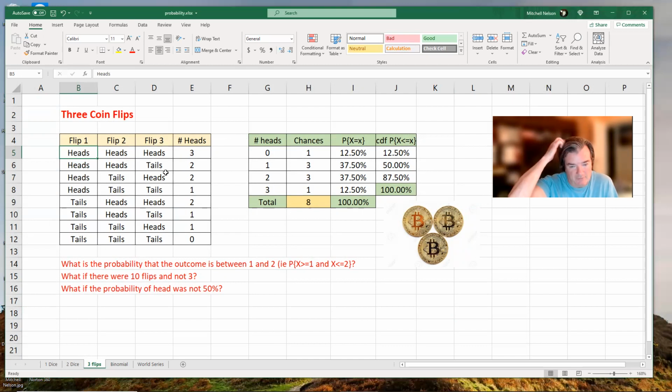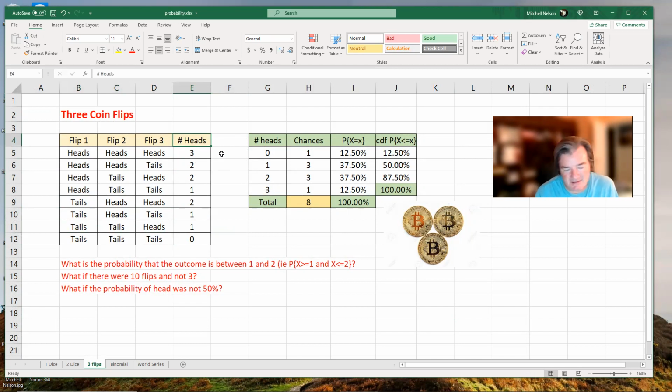If it helps you, think of them as different colors, a red coin, a blue coin, and a green coin. So the coins could come out heads, heads, heads; heads, heads, tails; heads, tails, heads; heads, tails, tails; tails, heads, heads; tails, heads, tails; tails, tails, heads; tails, tails, tails.